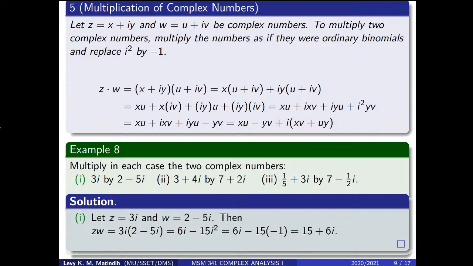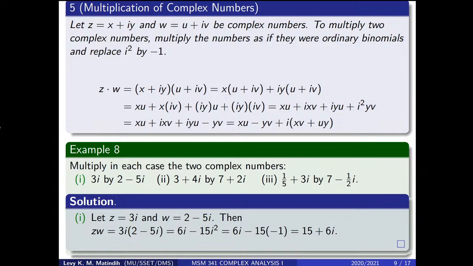Simplifying, we get xu plus ixv plus iyu plus i squared times yv. Remember i times i is i squared, then yv. Here ixv and iyu are pure imaginary numbers.